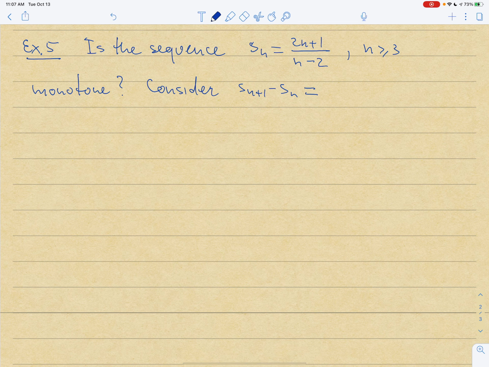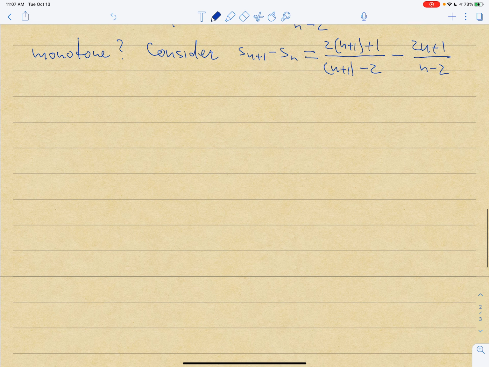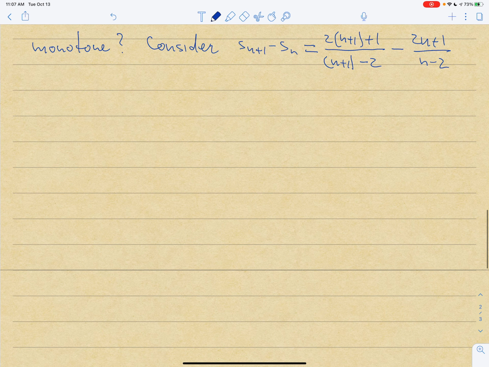Now, who is Sn+1? It's (2(n+1)+1)/(n+1-2). And Sn is (2n+1)/(n-2). And so now I need to determine the sign of this. To determine the sign, I better put things on the common denominator.